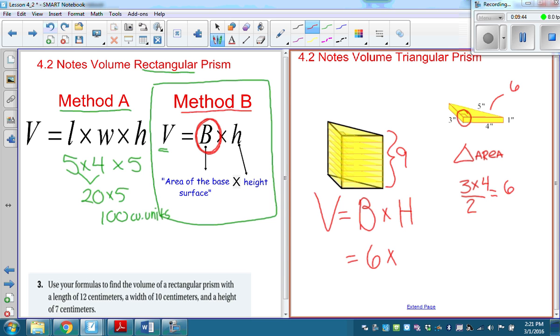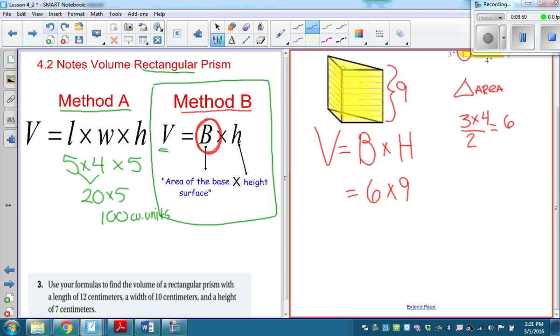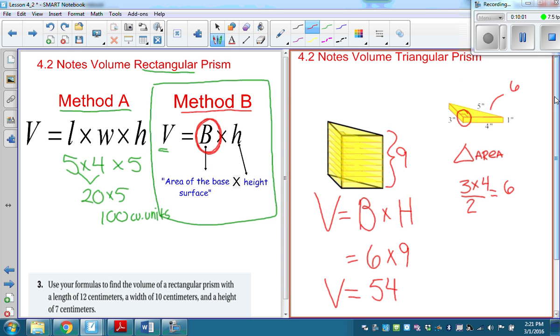And then the height, Alicia? 9, because 9 of them fit into that container. So the volume is 54. And my units on this problem were little inch symbols. You see that? So inches to the third, or cubic inches.